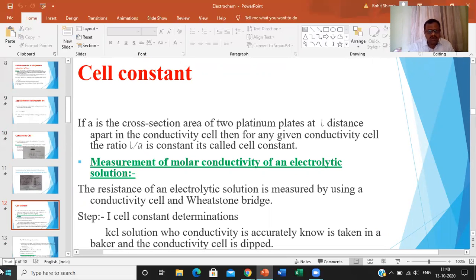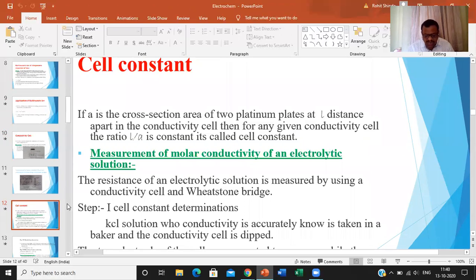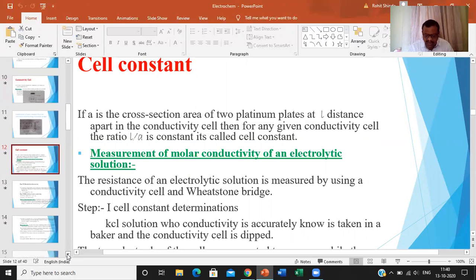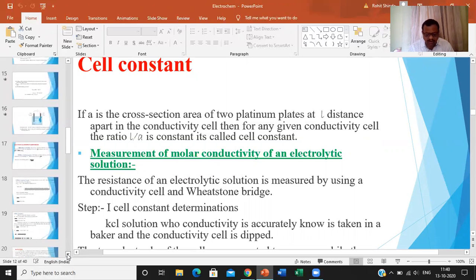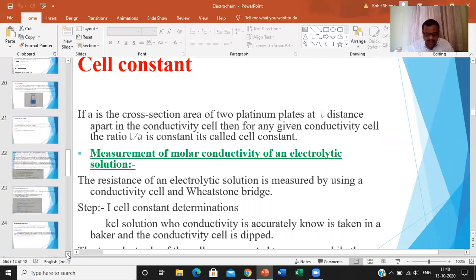The cell constant. So what is the cell constant? When we understand a conductivity cell, the cell constant is related to the cross section area A of the two platinum plates at a distance L apart in the conductivity cell.